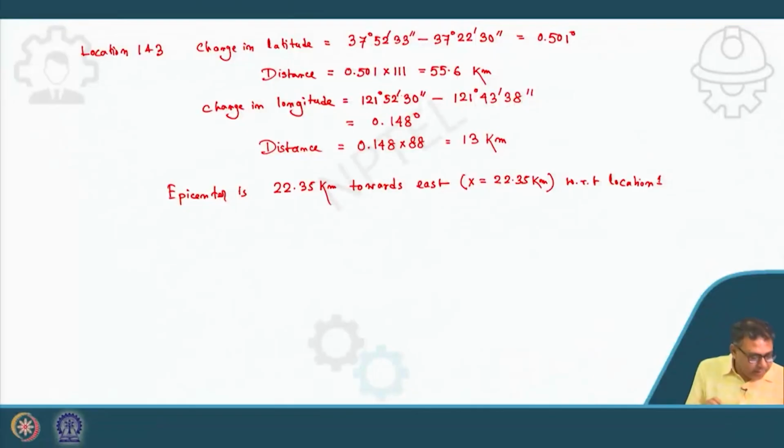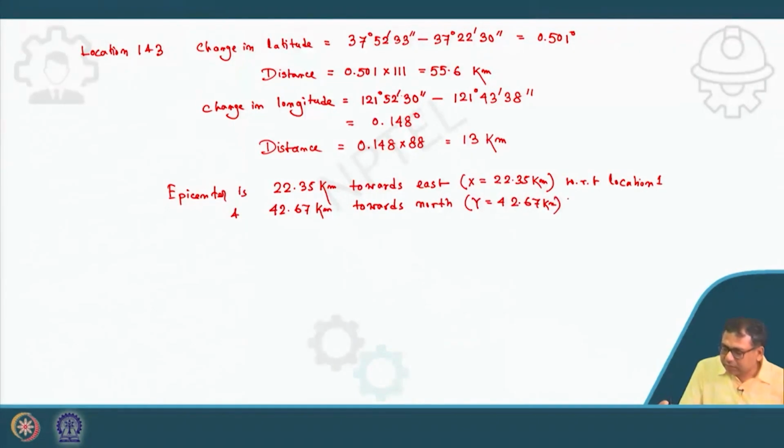And it is 42.67 kilometer towards north. That means y is equal to 42.67 kilometer. So this is also with respect to location or station 1.